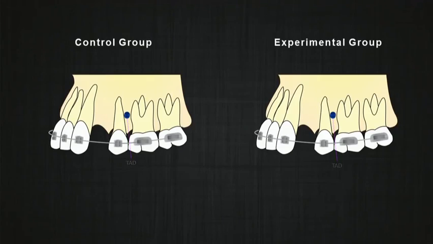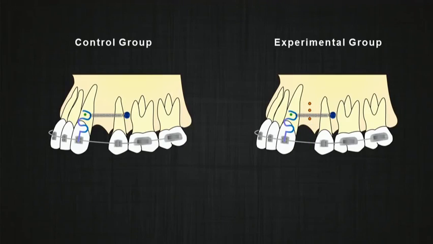In both groups, canines were retracted using a calibrated 100-gram nitinol closing coil spring connected from the TAD to a power arm on the canine bracket that allowed application of the force closer to the center of resistance of the tooth.